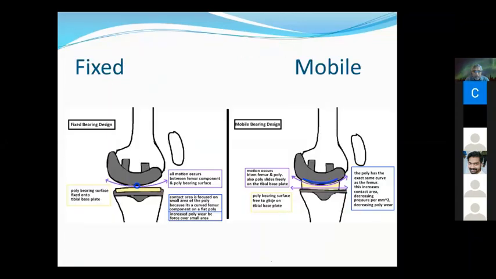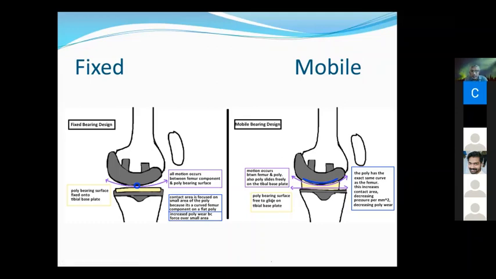So this picture, of course, I have borrowed it from the Hip and Knee Book. Are you aware of it? I think, if you haven't already read it, it's very useful.